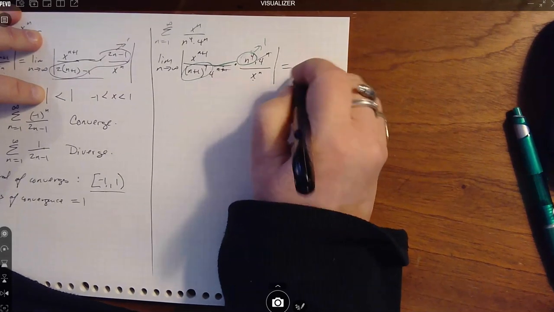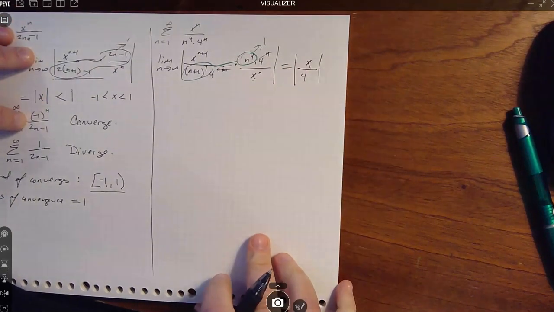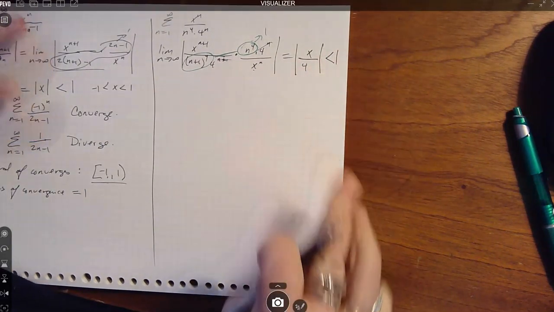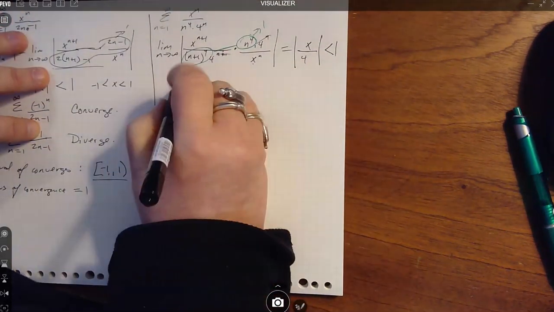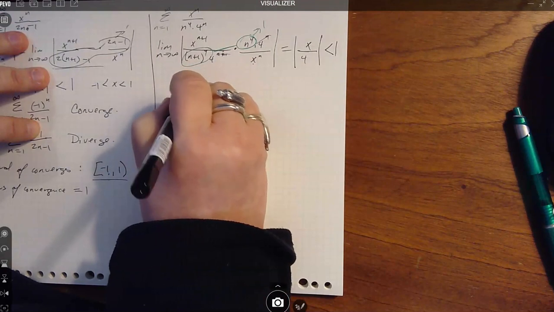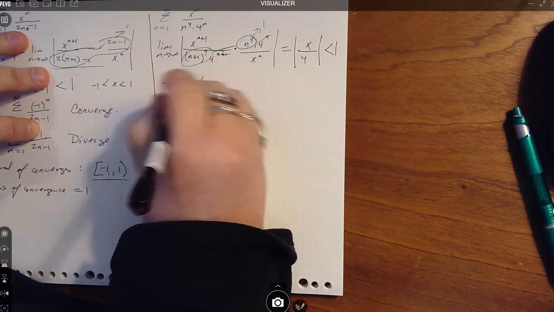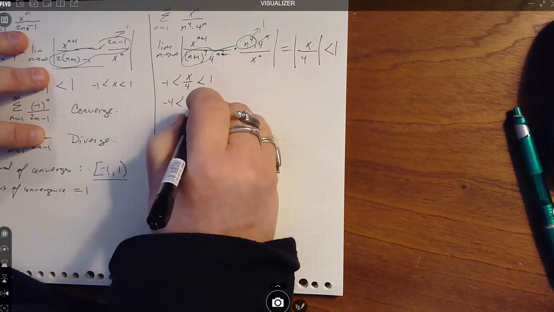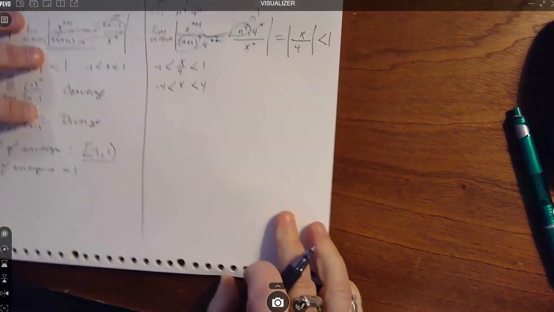I'm left with an x on top. So that means I want that to be less than 1, which means x over 4 is between -1 and 1. So x is between -4 and 4.